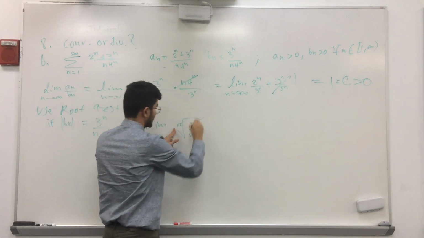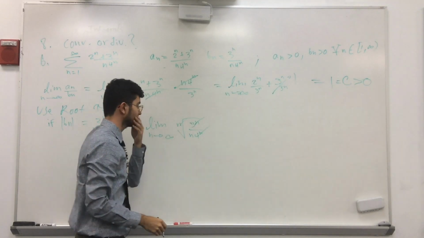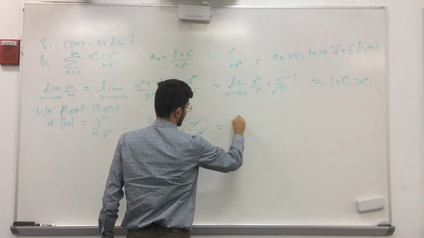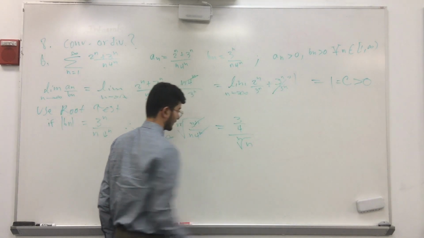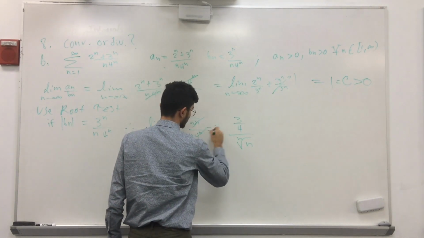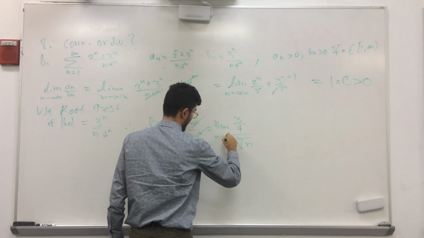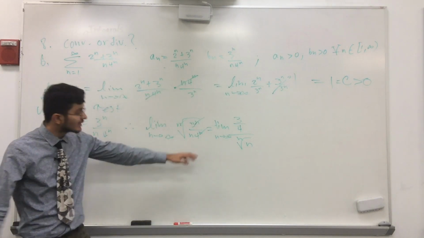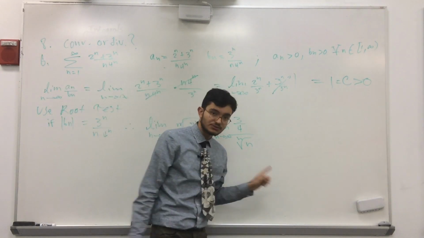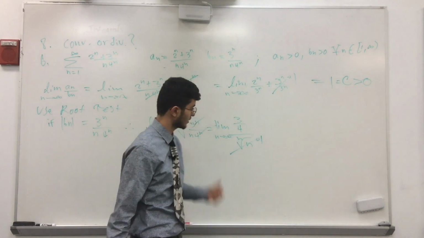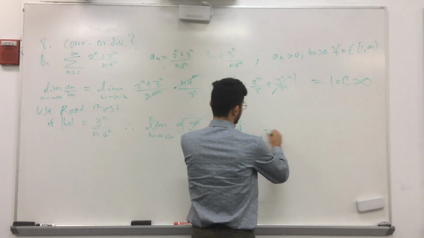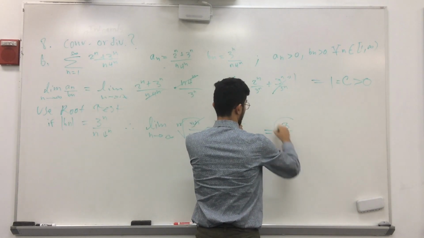This n cancels out with that n, and we're going to be left with 3/4 divided by the nth root of n. And don't forget to place the limit as n goes to infinity. Now the limit as n goes to infinity of the nth root of n is just 1. This approaches 1, it's a basic limit, which means that the entire limit approaches 3/4.